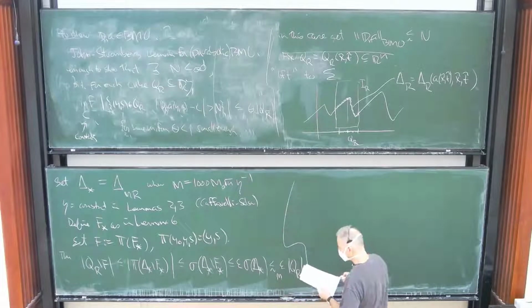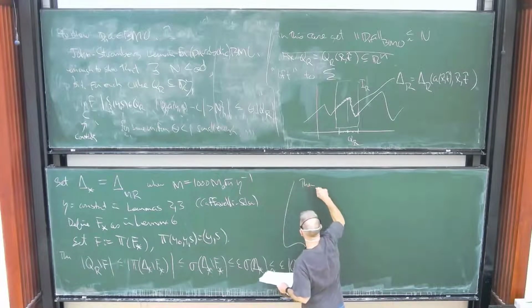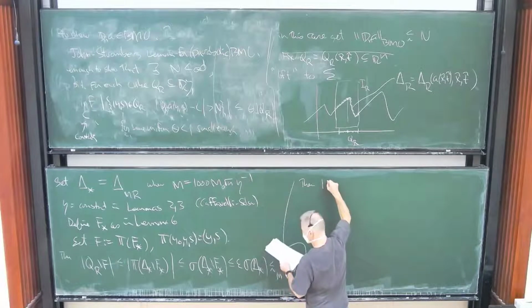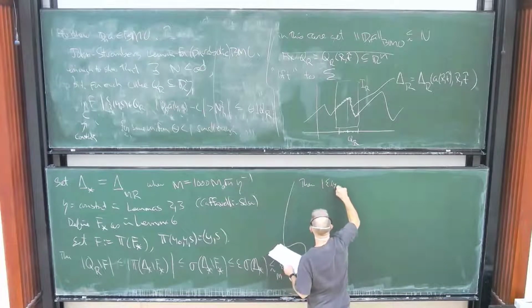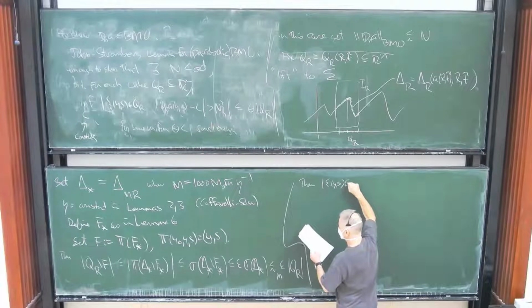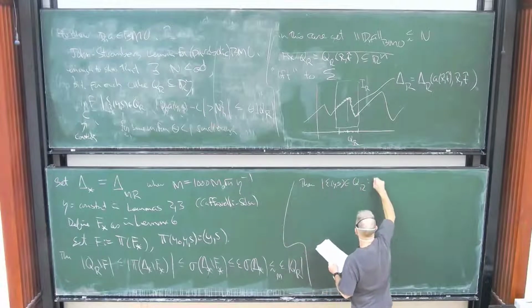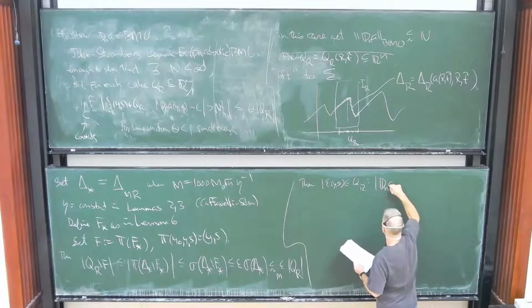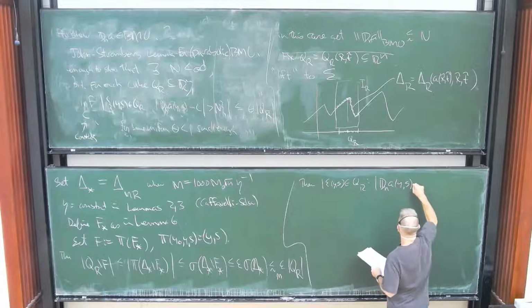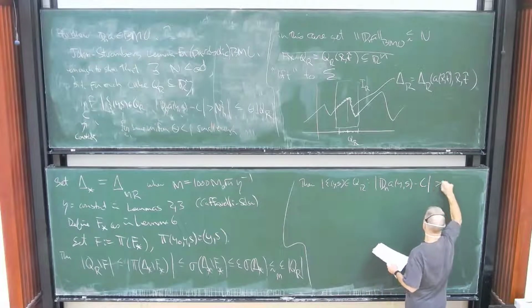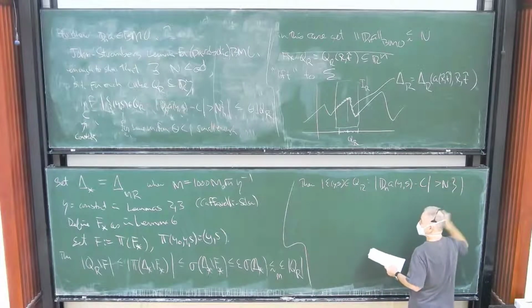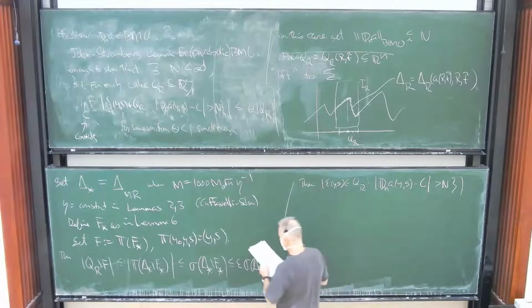All right, so then we do the usual, the obvious thing. If we look at the set of (y, s) in Q_R such that d_{N A}(y, s) minus a constant is bigger than n, we use Chebyshev's inequality.